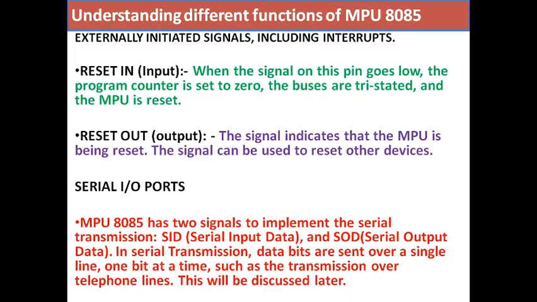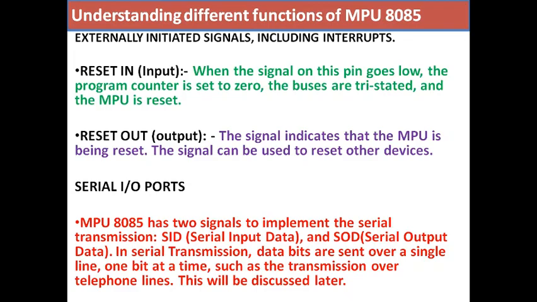The output may be set, the output may be reset. So imagine we have a program counter, which is used to point to the location from where the microprocessor will fetch the operation code. But when it is first switched on, we will never know what the content of the PC, that is, the program counter, will be.